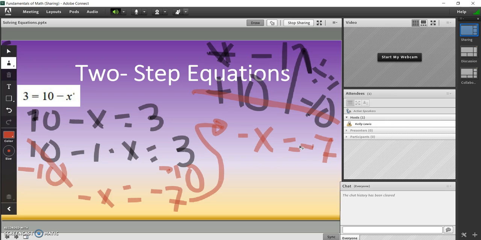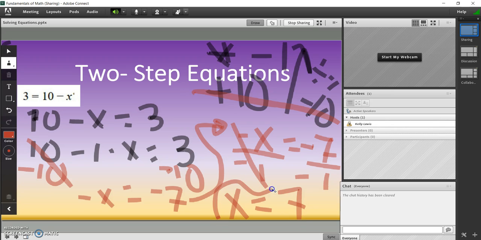A negative 1 is being multiplied by x, so we need to divide by negative 1. Those cancel because negative 1 divided by negative 1 is positive 1. That's the whole point, to get the variable by itself. So negative 7 divided by negative 1 is positive 7. That's our answer, positive 7.